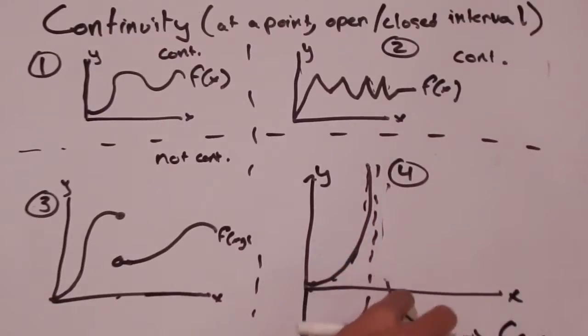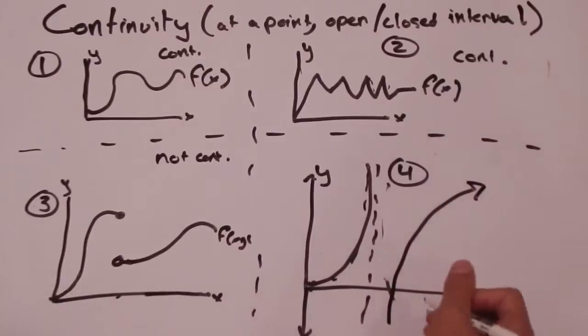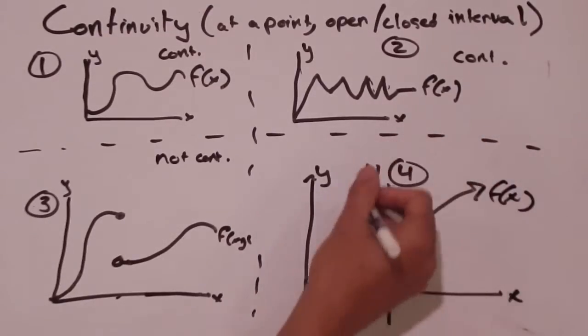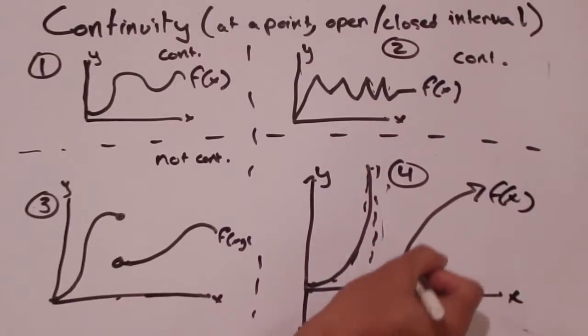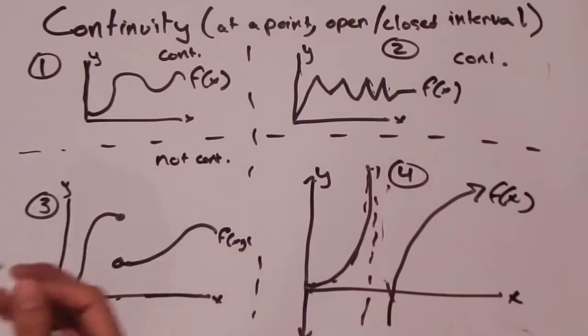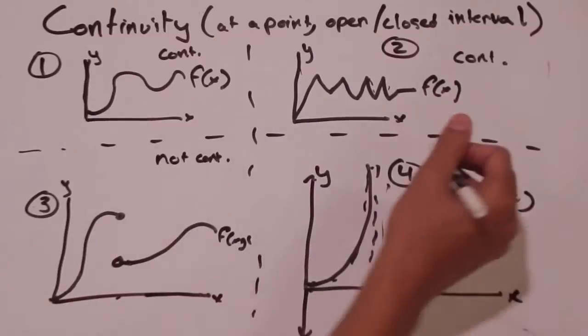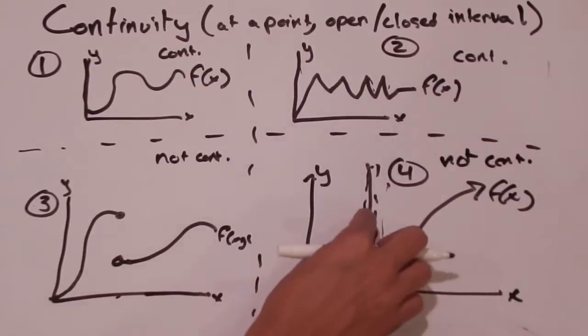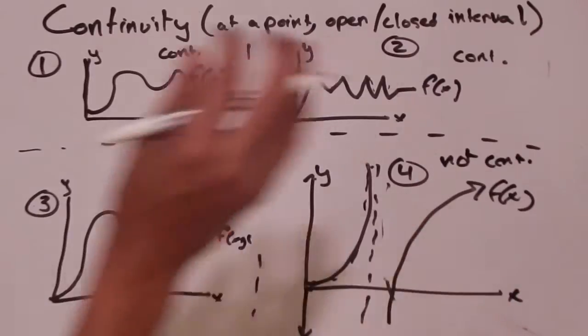Or maybe even more, a sudden interruption would be if the graph came up from here. Well, either way, there's an interruption in the graph. I can't just keep tracing. I have to pick up my pen and move somewhere else to go to what the function equals at that x value. So we're going to say this function is not continuous. Maybe it is on this interval and this interval, but overall it's not.